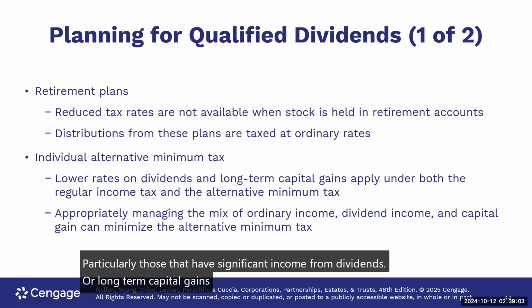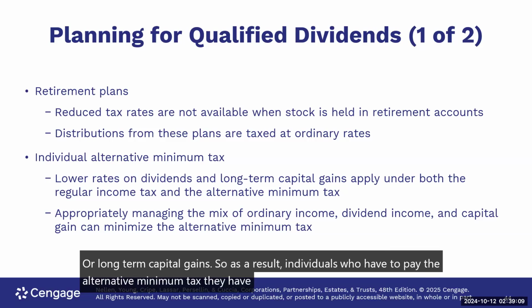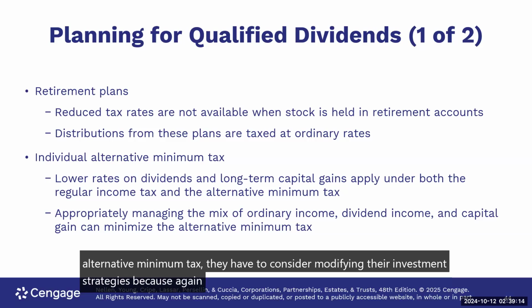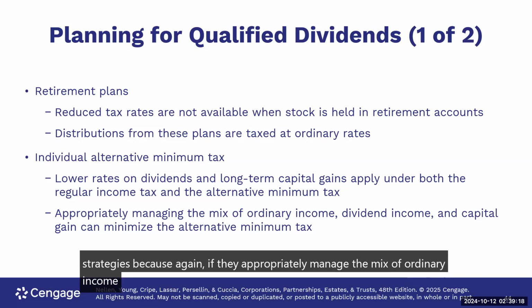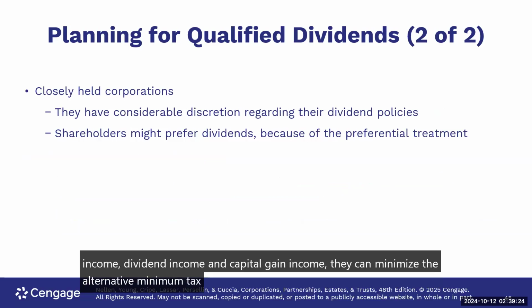As a result, individuals who have to pay the alternative minimum tax have to consider modifying their investment strategies, because if they appropriately manage the mix of ordinary income, dividend income, and capital gain income, they can minimize the alternative minimum tax, often referred to as AMT.